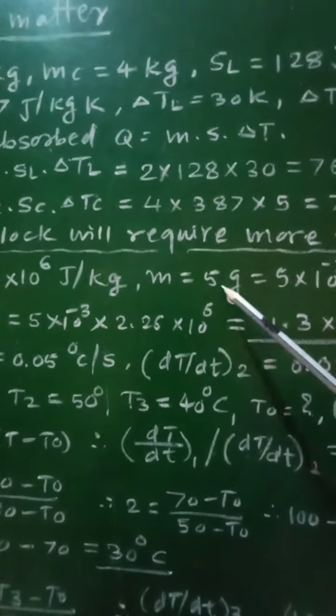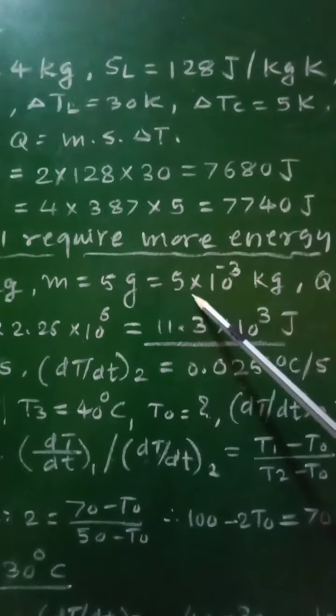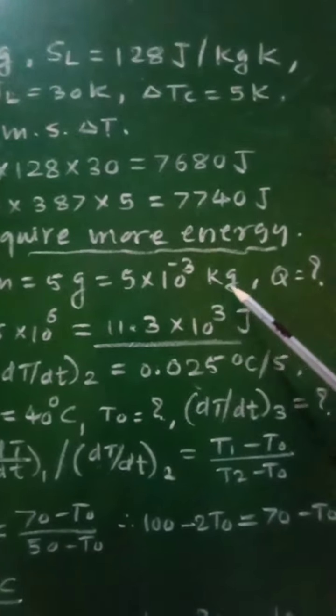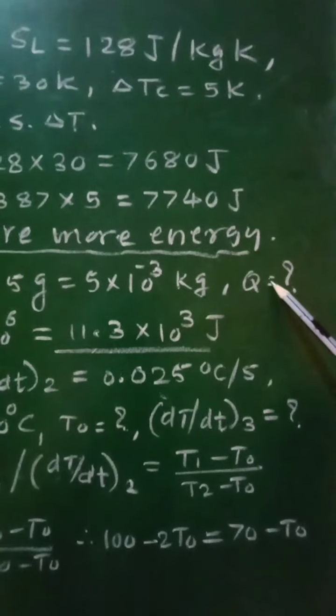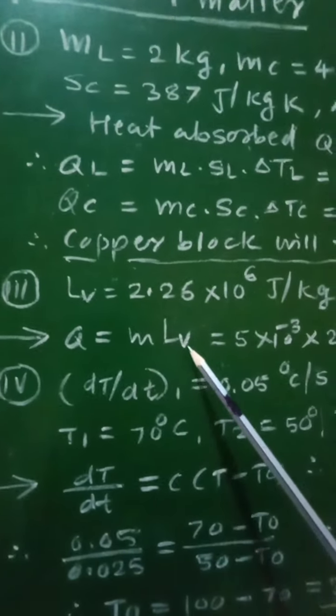Mass M is given 5 gram, which will be converted into kilogram as 5 into 10 raised to minus 3 kilogram. And then we have to find out the heat energy Q. Now Q will be given in terms of LV as Q is equal to M into LV.